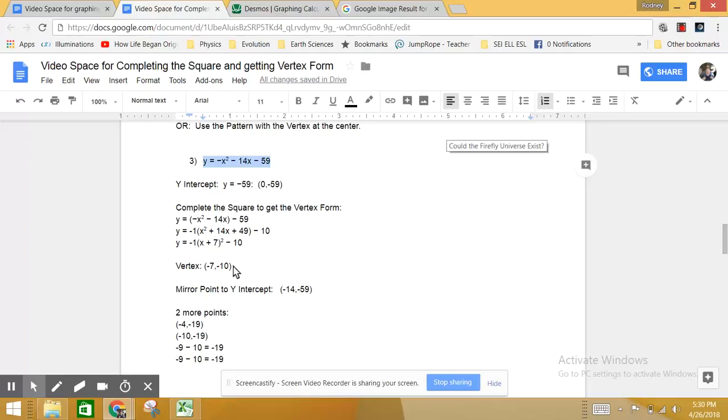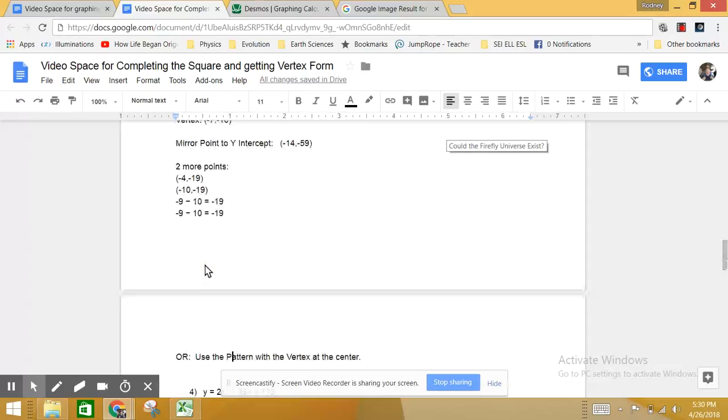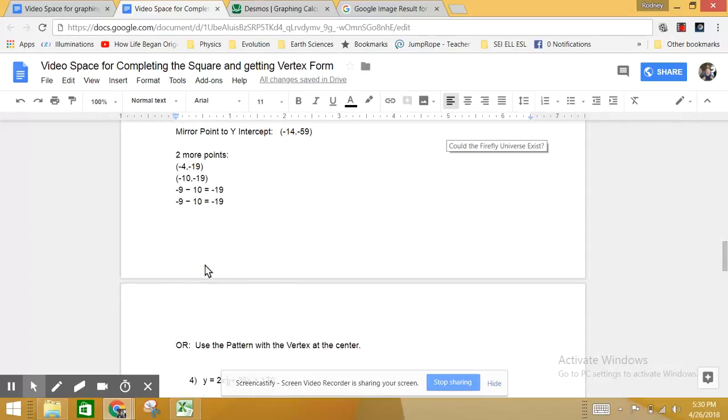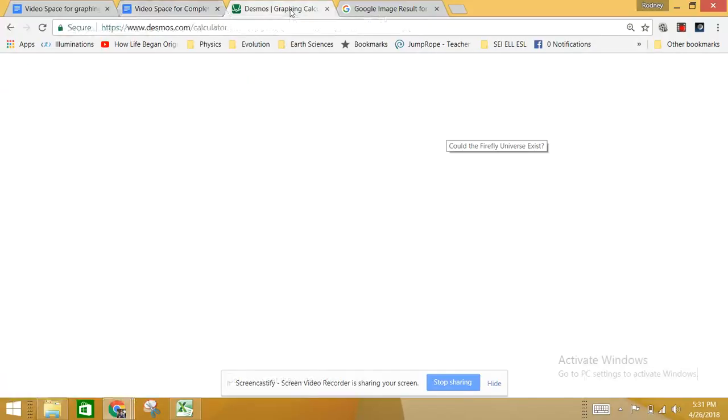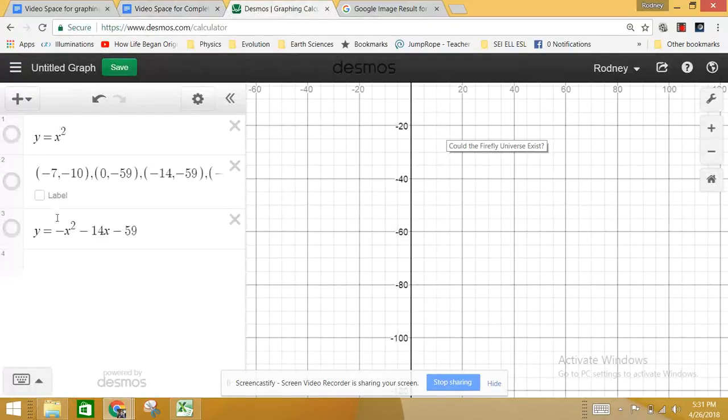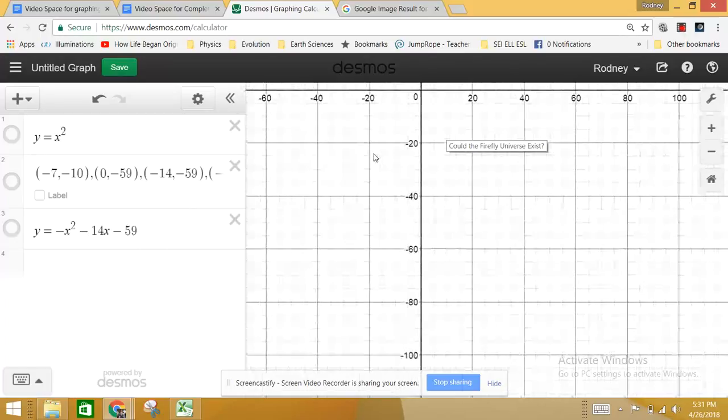Okay, we're going to use the vertex point that we've got. And if you remember, there's a pattern that we could use for graphing a parabola. So if I use my vertex at the center, now the thing we've got to remember is that my a value, whether it's in standard form or vertex form, was negative 1. So that changes things.